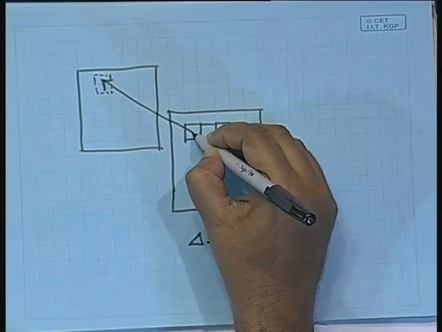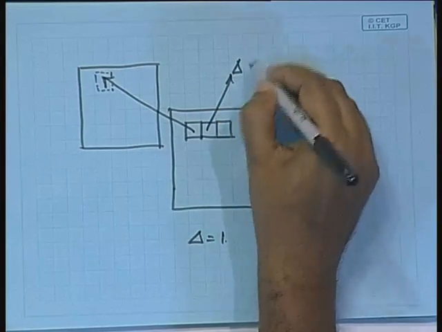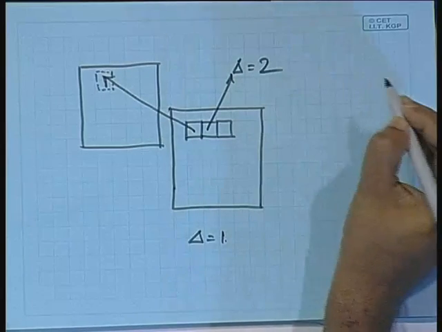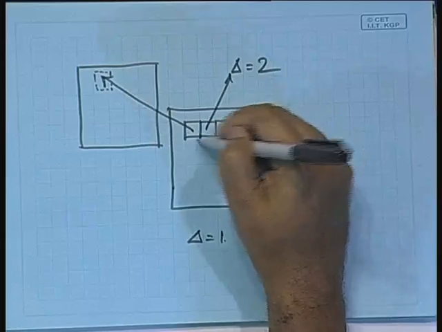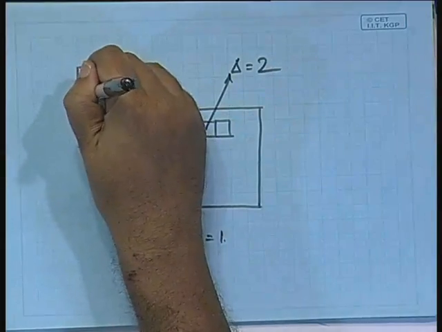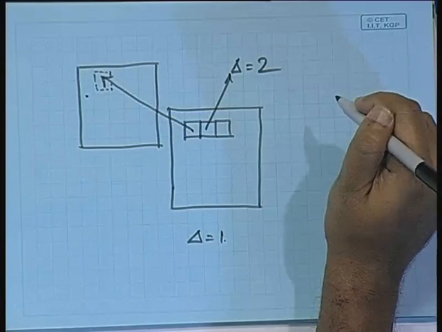For example, if I define this to be delta equal to 1 and I define the next macro block with delta equal to 2, it means that for this macro block the reference frame is not this one, but the one 2 frames back.